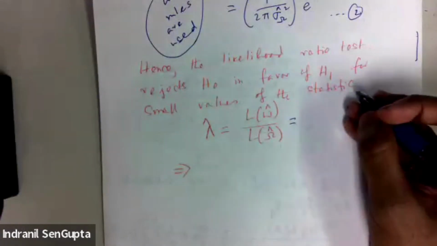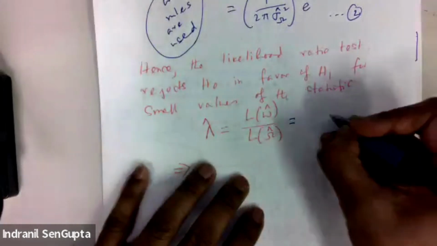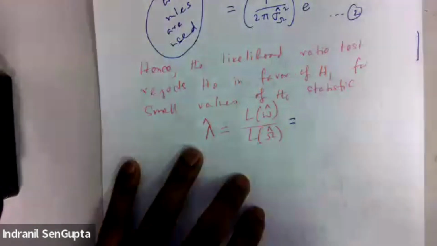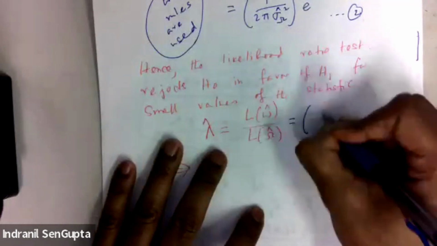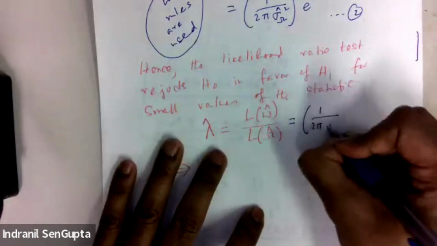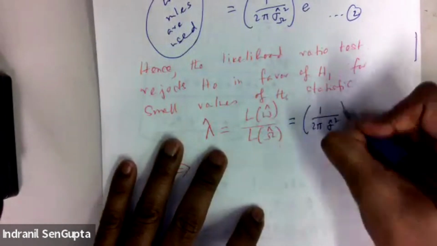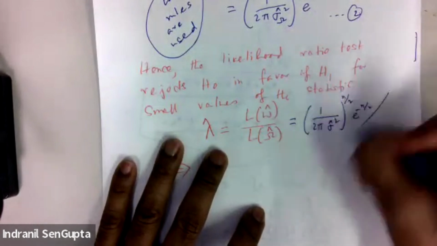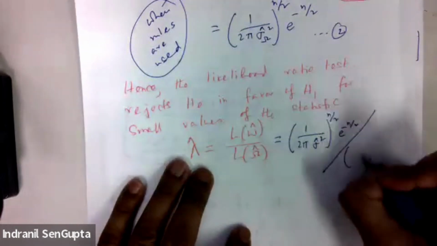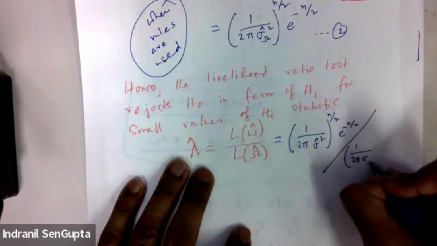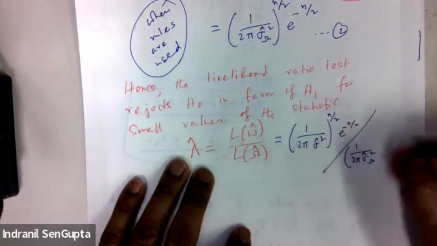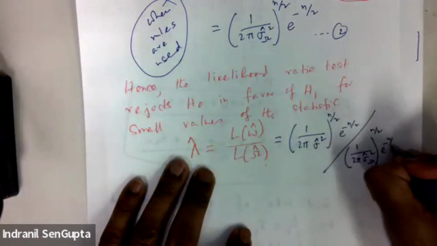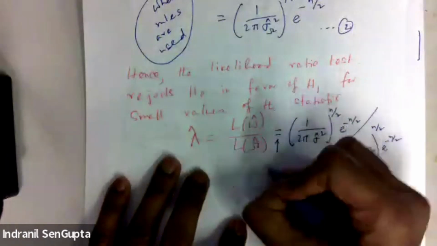So it's essentially 1 over 2 pi sigma hat squared to the n over 2, e to the minus n over 2, divided by what we just found, 1 over 2 pi sigma omega squared to the n over 2, e to the minus n over 2, by 1 and 2.